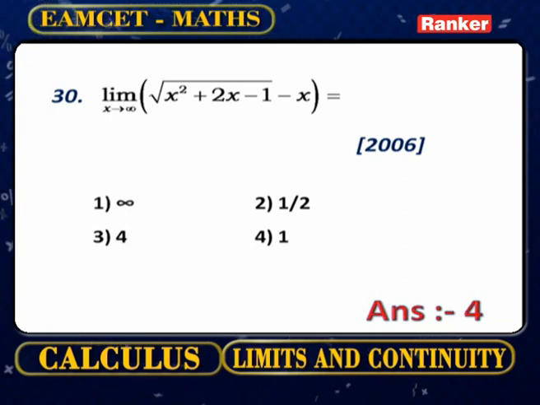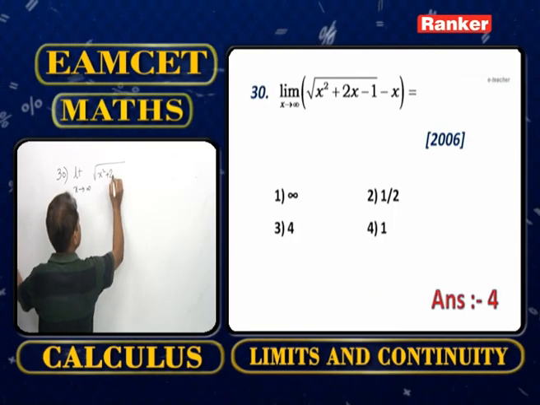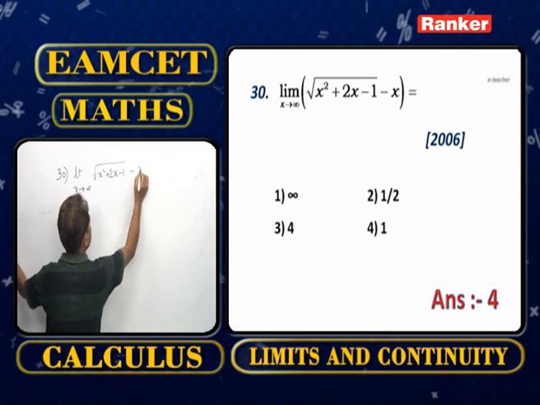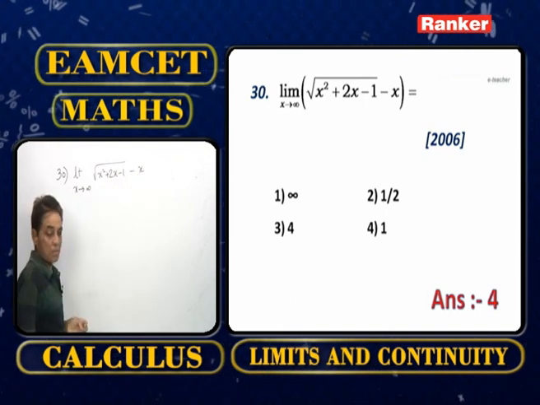See, what is the question number 30? Limit x tends to infinity, root under x square plus 2x minus 1 minus x.